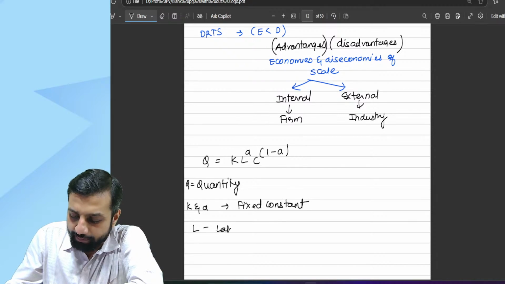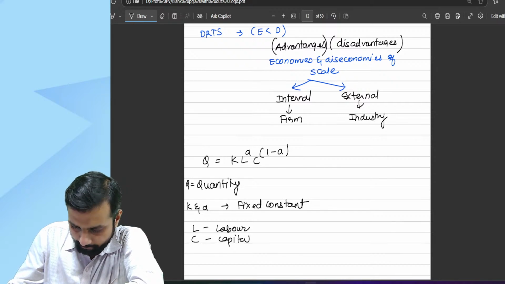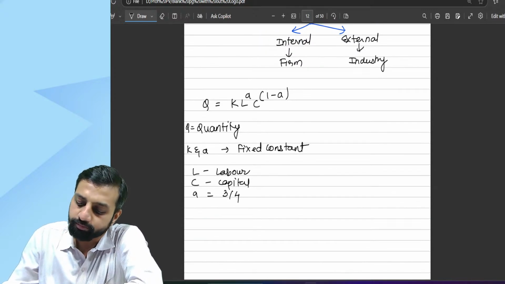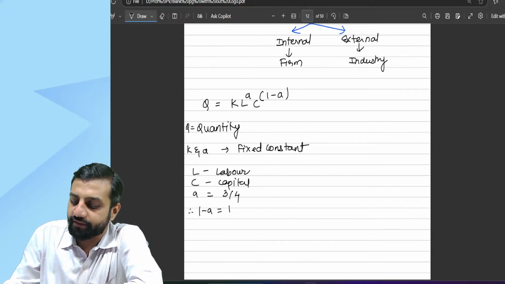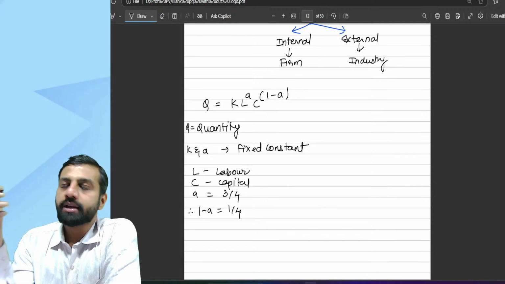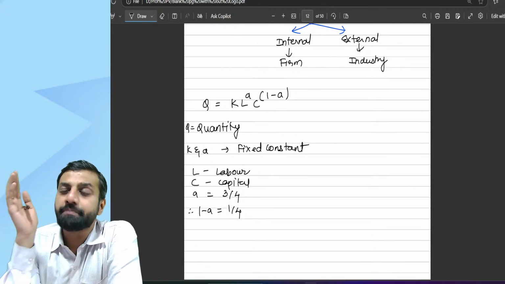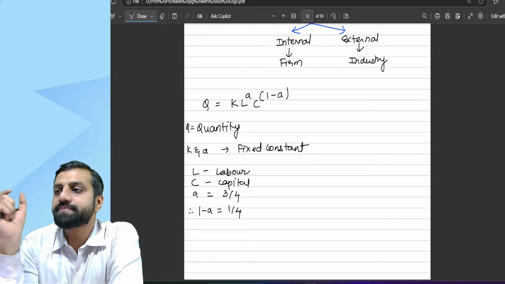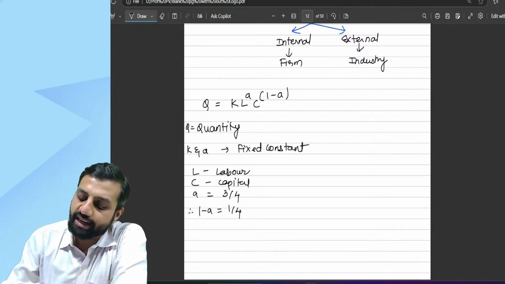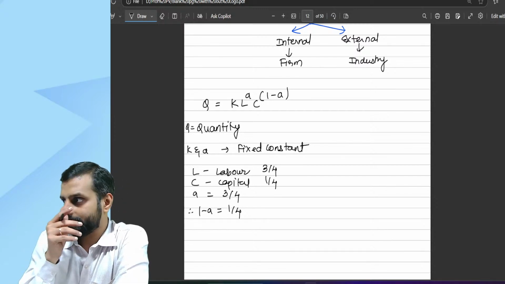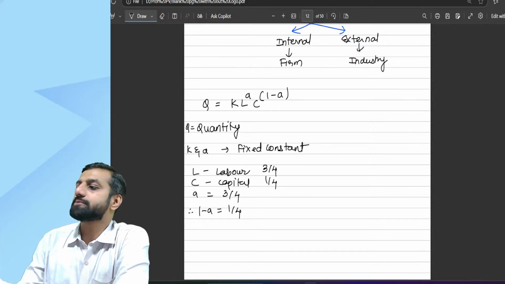L for labor, C for capital, A is 3/4. Therefore, 1 minus A will become 1/4. So according to Cobb and Douglas, they made a study in the US manufacturing industry. In the US manufacturing industry, they observed that labor contributes 3/4 and capital contributes 1/4. That is the Cobb-Douglas production function.